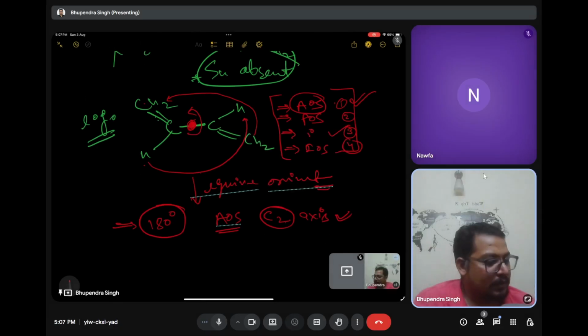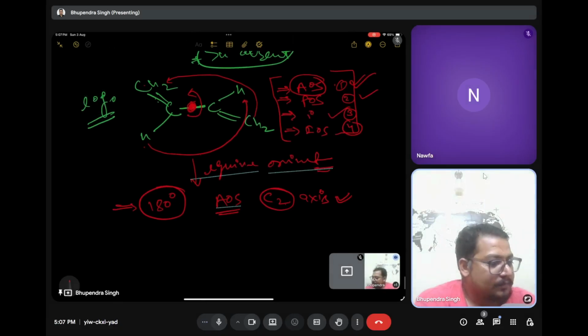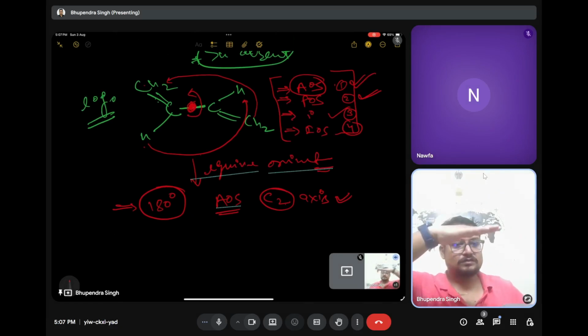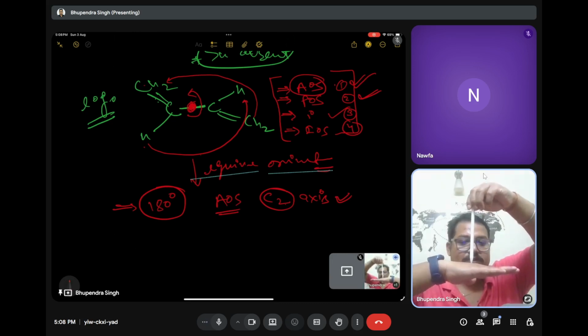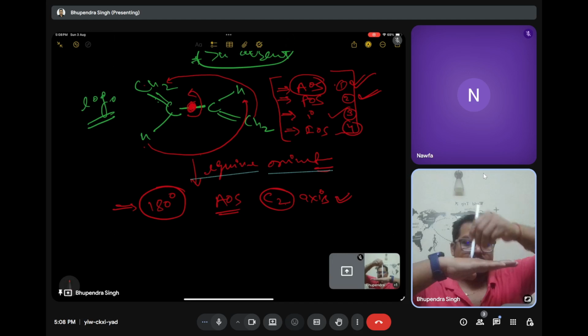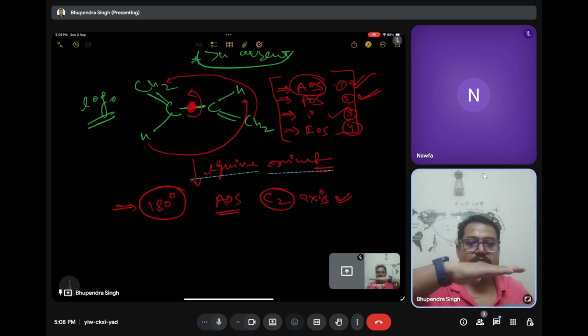Next, the plane of symmetry. So this was your molecule, and this was your axis of symmetry, the C2 axis. This is your plane, and this is a planar molecule, so the plane is also present.